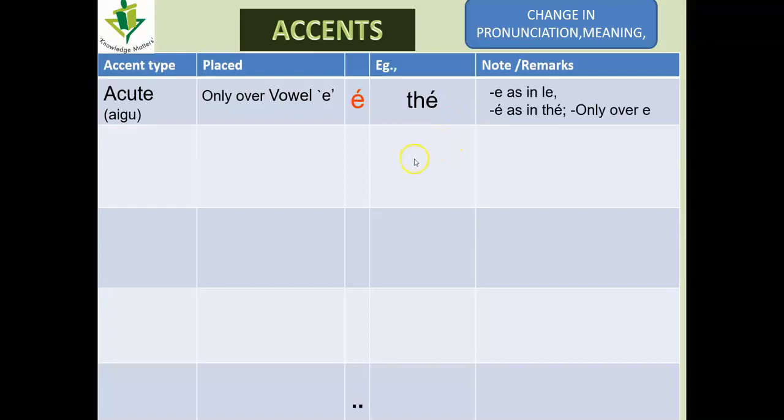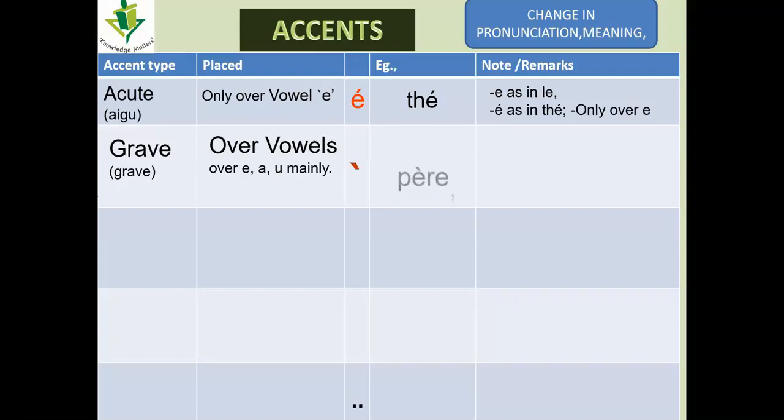We have the second accent called the grave accent or accent grave, that comes over the vowels E, A and U mainly. When it comes over E, the pronunciation changes. If you avoid the accent over the E in this word, there is a spelling mistake.